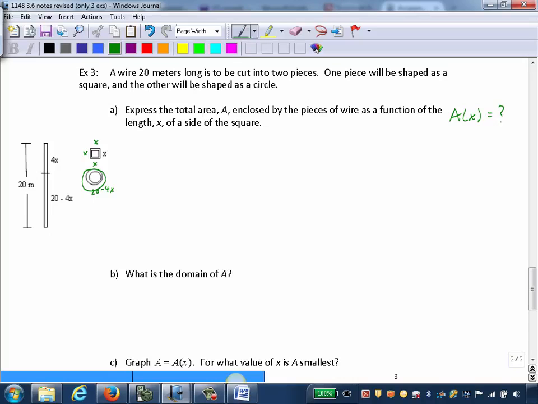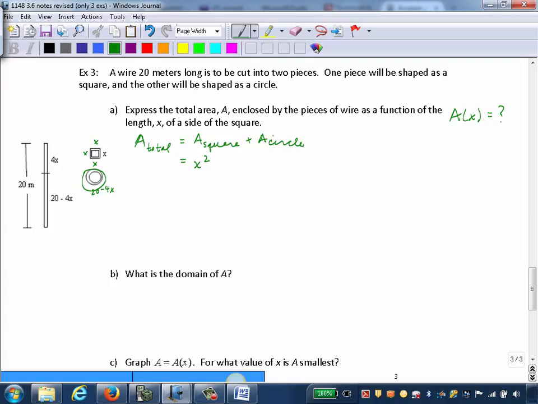Okay, so if we want to express the total area of these two pieces, and I'll use subscripts here because we've got several areas we're talking about, the total area is going to consist of the area of the square plus the area of the circle. Well, we already know the area of the square is x squared.